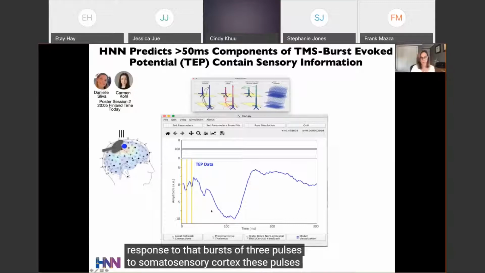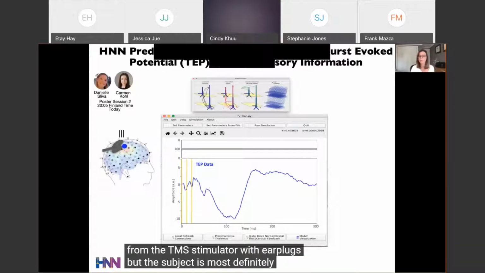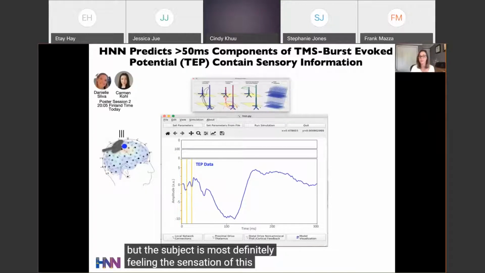And these pulses are separated by 20 milliseconds. And you can see that this creates a very strong and reliable response in the somatosensory cortex. Now here we've masked the noise from the TMS stimulator with earplugs, but the subject is most definitely feeling the sensation of this TMS burst of input.